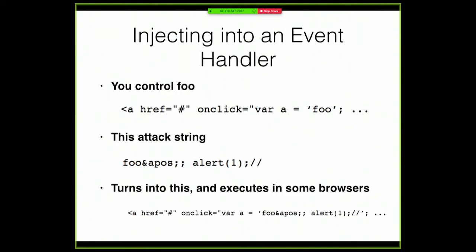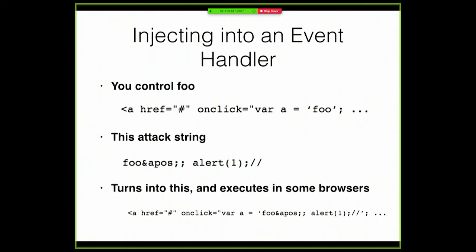You can inject into an event handler. Here's one that does it, which would run in some handlers where onClick equals a variable, is foo, and you can hide things inside places where they really shouldn't run, but some browsers will run them. Because remember, the problem is, this is just like you have a translator, and someone is talking some garbled, broken language, and you have a translator trying to translate it into English and trying to guess what they meant.